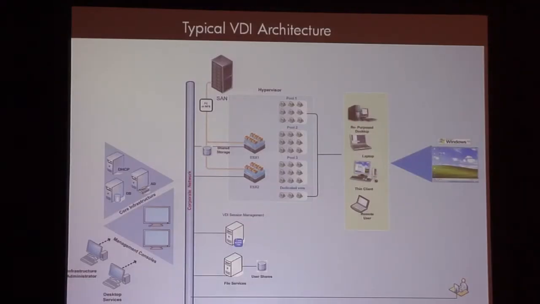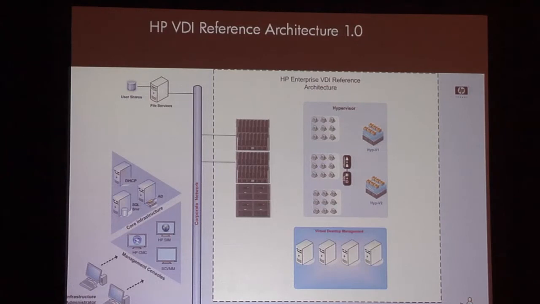So, this was our typical architecture prior to us actually getting down and dirty with a lot of the analytics and looking across the HP products and determining how to actually build a solution to meet VDI customer requirements. And what we came up with about 2 years ago, actually it was 2.5 years, it just took us forever to get it out the door, was our Enterprise Reference Architecture 1.0.